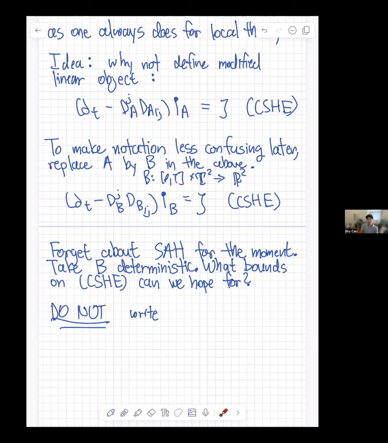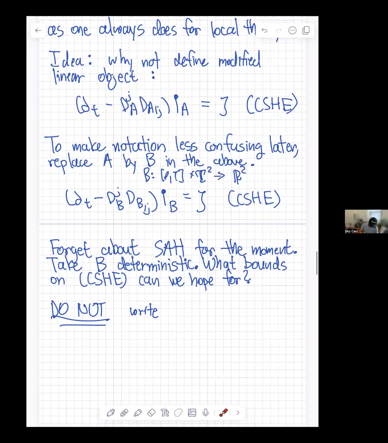Again, we're not geometers, so we're not that used to thinking about this type of covariant heat operator. So our first instinct, and this is what you always do in local theory, is you just expand this out. You forget the geometry and you write it as the usual heat operator plus the extra terms.